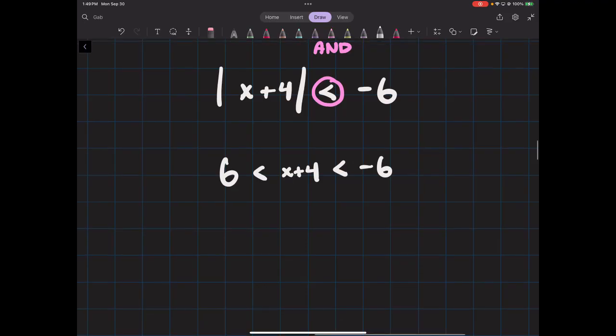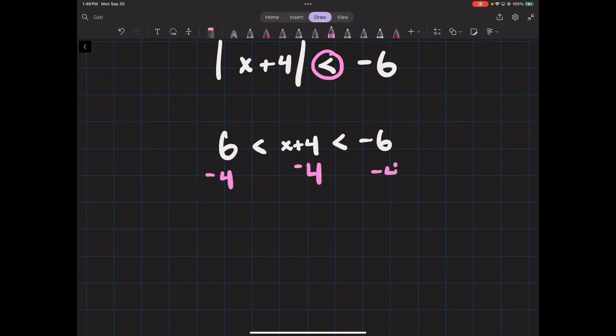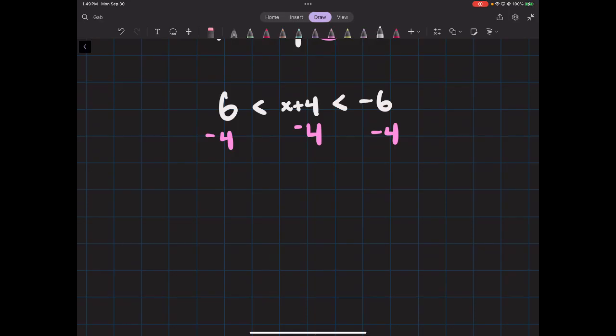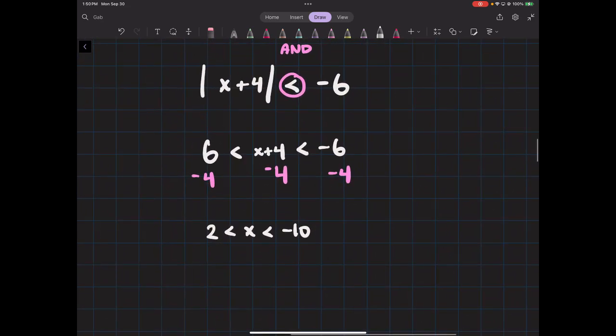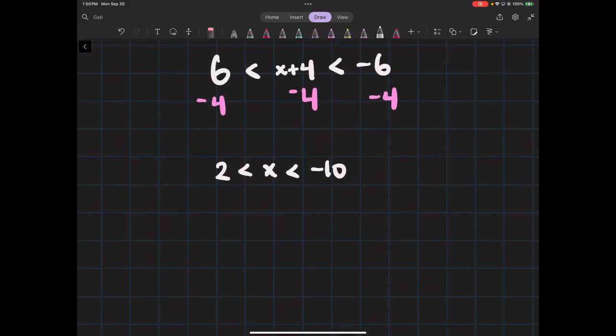Okay, so if this already does not make sense, do you think solving is going to help you? No, but let's try it anyways. Okay, so you have this inequality.